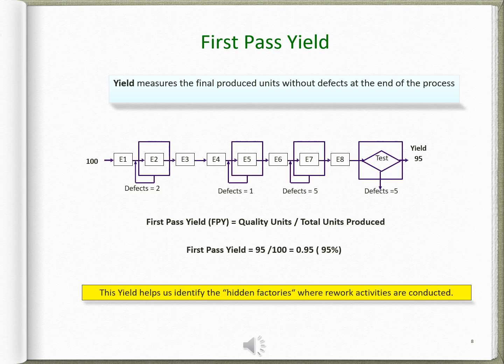Thus, 95 quality units divided by the 100 units give us a 0.95, or 95% first pass yield. Note that first pass yield does not consider the number of defects that occur in the process, only at the final stage. Therefore, this yield helps us identify the hidden factories where rework activities are conducted.